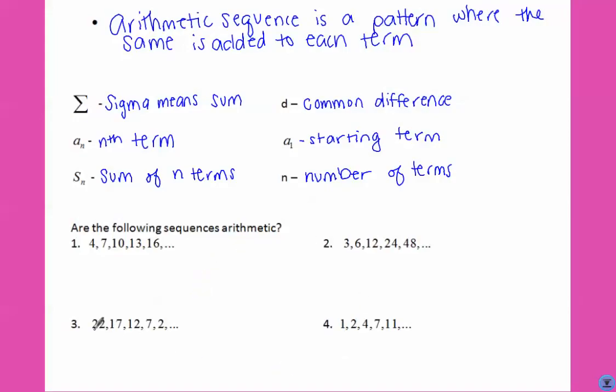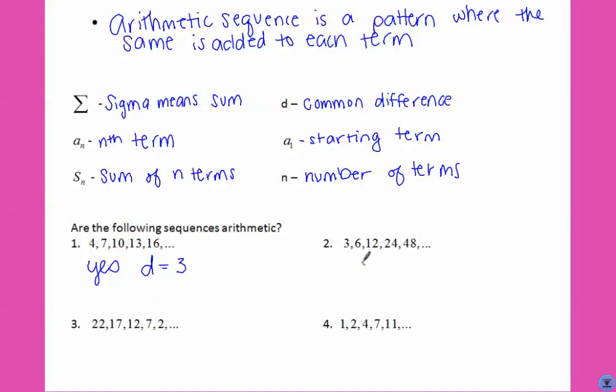So let's look at these sequences and figure out if they're arithmetic. It goes 4, 7, 10, 13, 16. This one is arithmetic because our common difference is 3. It's going up by 3 each time.